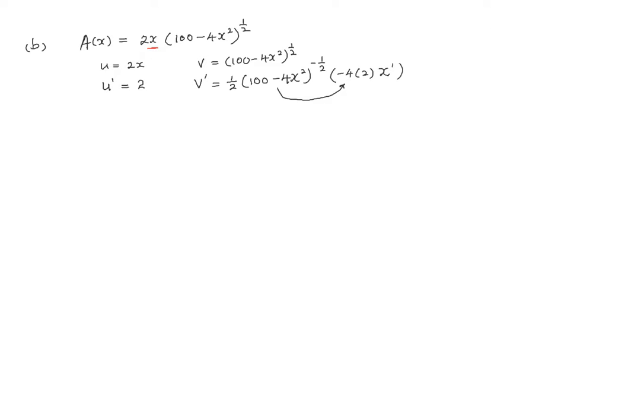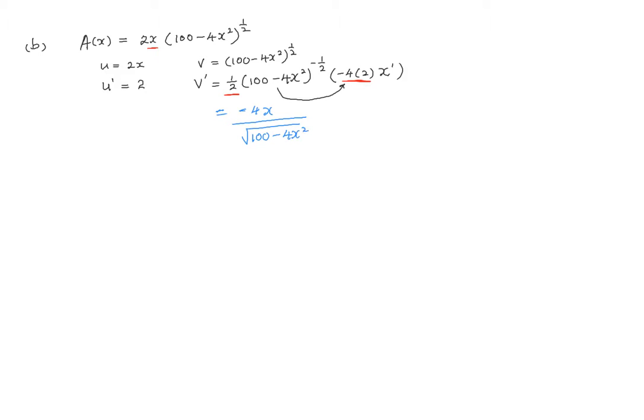So this whole thing, you take up your calculator and multiply it up. So you get -4x. Then this one is power half. You can just put it like that: square root of 100 minus 4x squared.